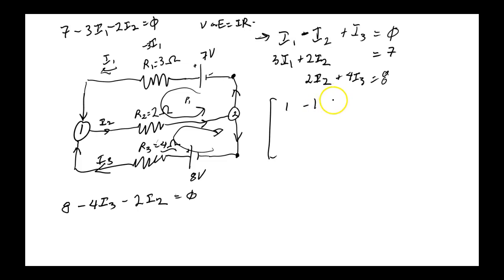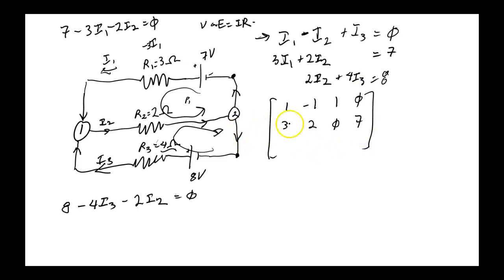Minus 1. 1. 0. Next. Was that 3 you said? 3, 2. 0, 7, right?